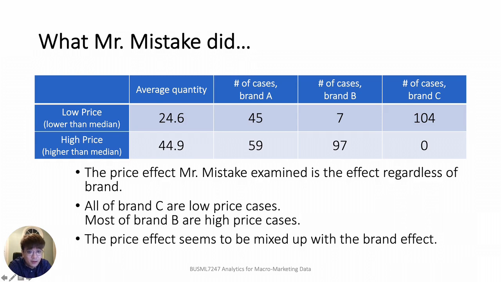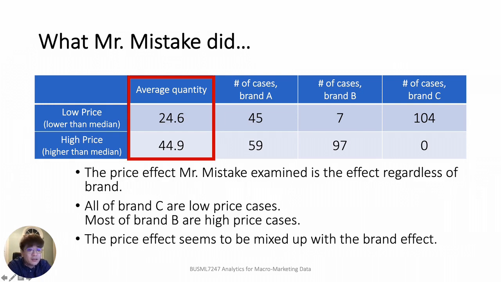The first column is the average sales quantity for each price group. And as you can see, the higher the price, the more the sales. Average sales of low price observations is 24.6, whereas sales of high price observation is, on average, 44.9.